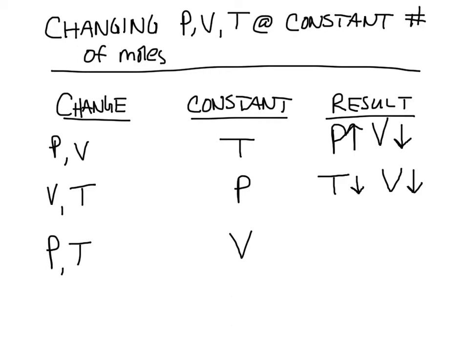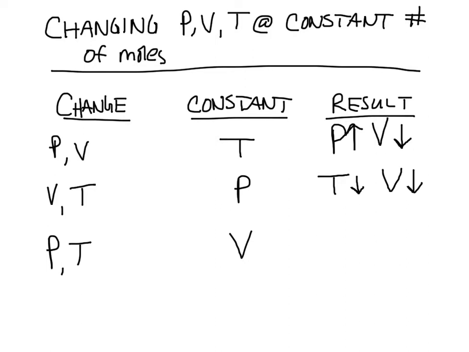And then the last change we're going to talk about is changing pressure and temperature and the relationship between those two. We're going to keep volume constant. So we also talked about temperature being kinetic energy and pressure being the collisions against the walls of the container.